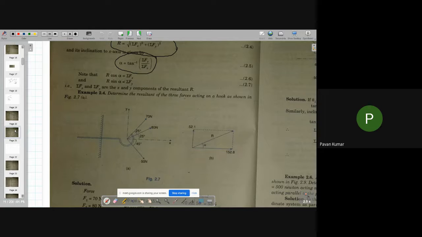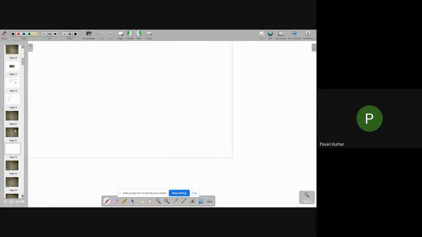So now we will draw a force diagram. So there is a hook, and this will be our global x and y direction.